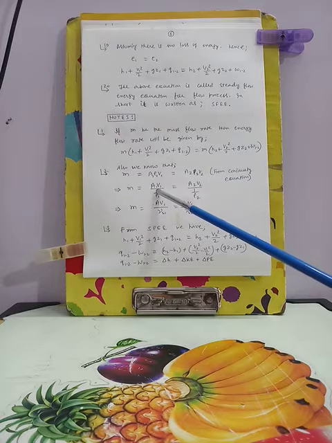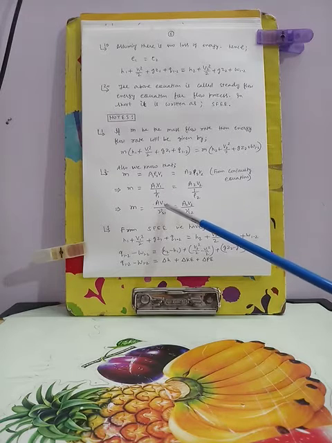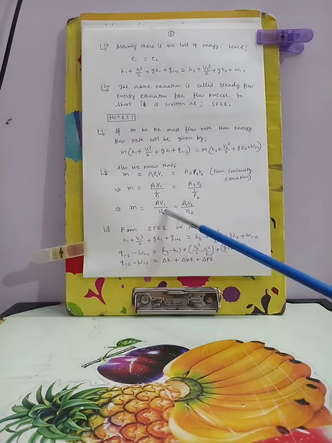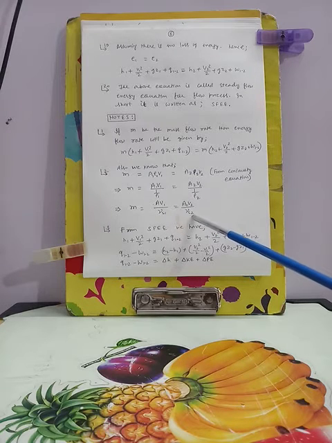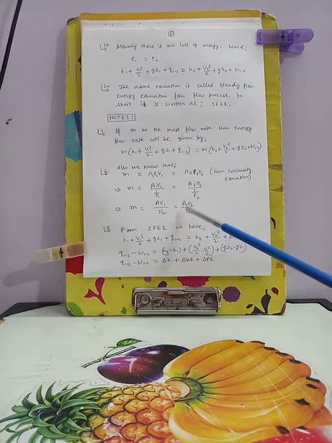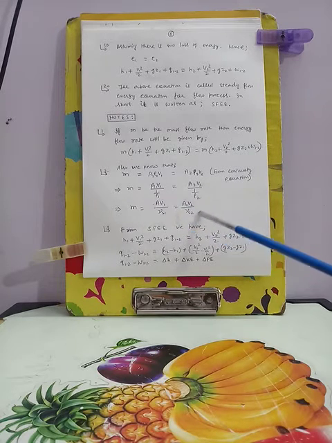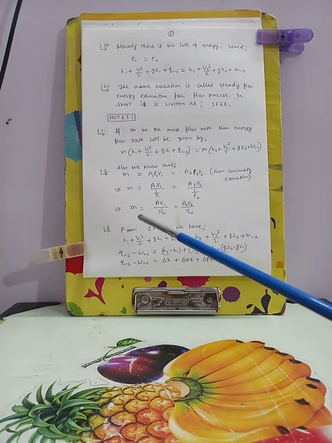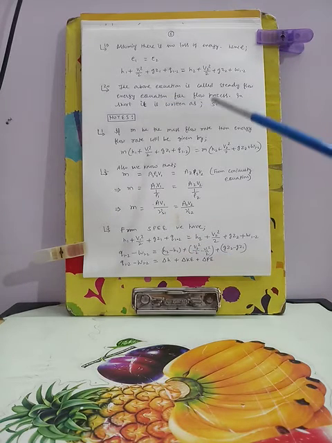We know that 1 by rho 1 is the specific volume, so we can write this Vs1, and 1 by rho 2 is the specific volume at outlet, and we can write this here. So in this way m can be easily found out from the available data which we have utilized in developing this equation.